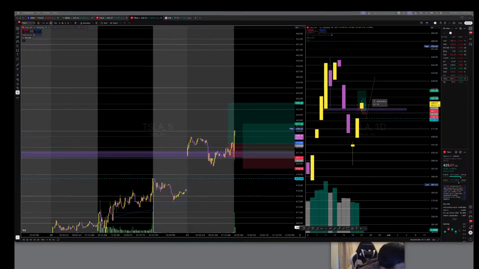I don't know. It's just kind of too clean. I need some messiness. This is a little too clean of a move if it does fulfill.